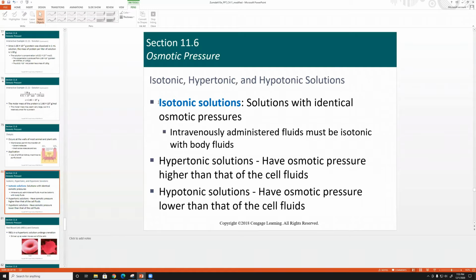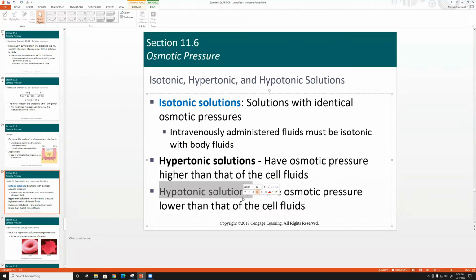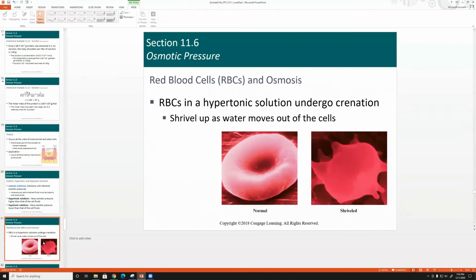An isotonic solution means that the solutions on both sides of the membrane have an identical osmotic pressure, meaning there's no net movement of solvent. Hypertonic means the osmotic pressure is higher than that of the cell, and hypotonic is where the osmotic pressure is lower than that of the cell.